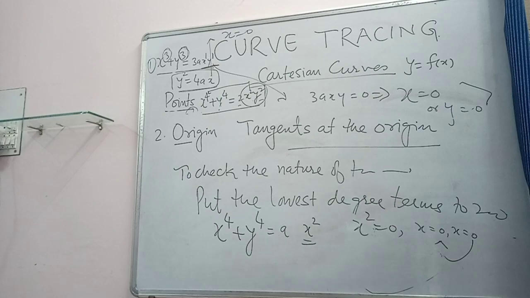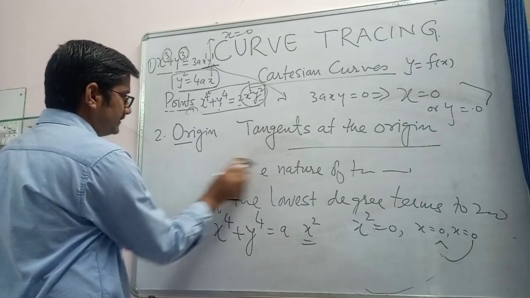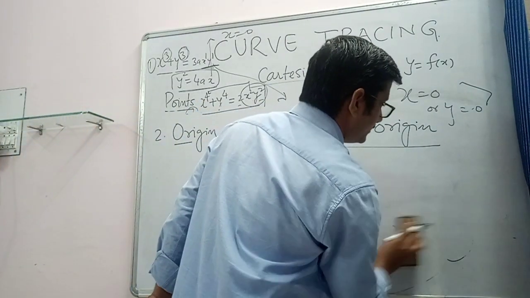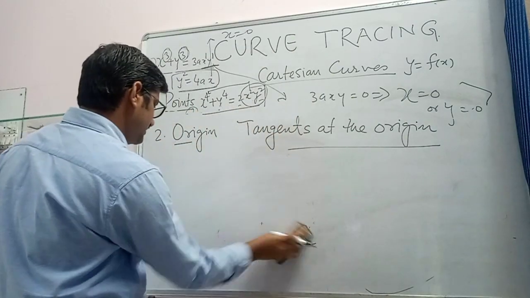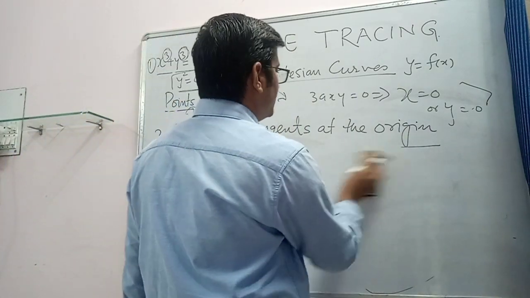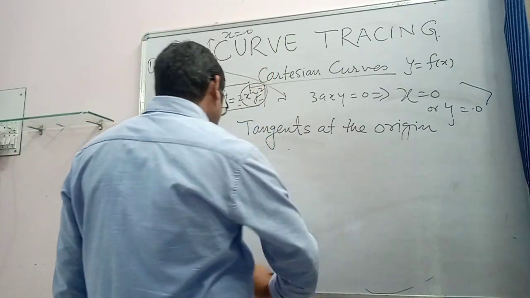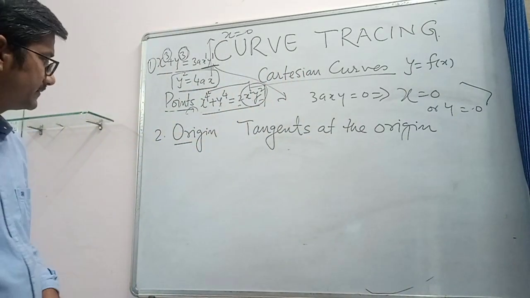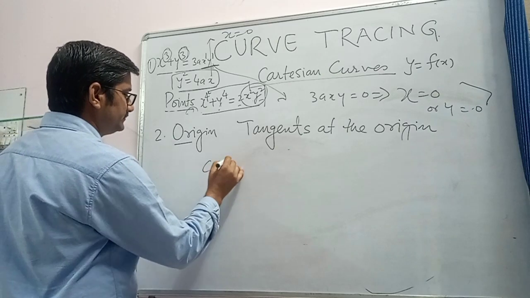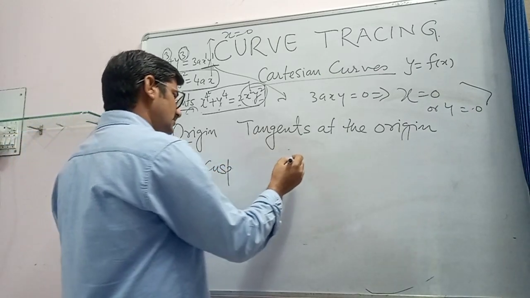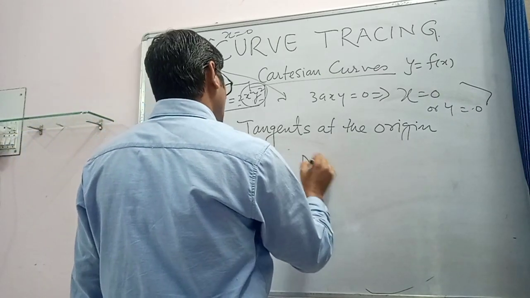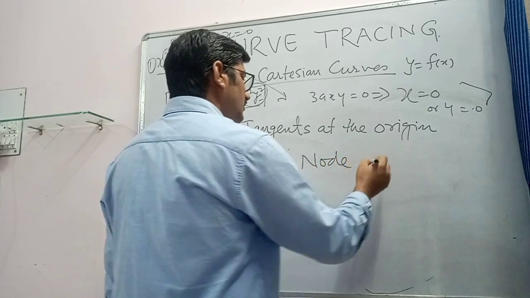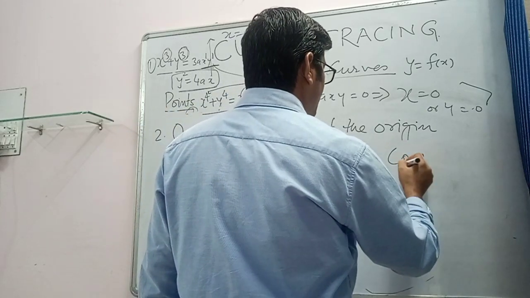So on the basis of the nature of the tangents, we can categorize the origin as cusp or node or conjugate point.